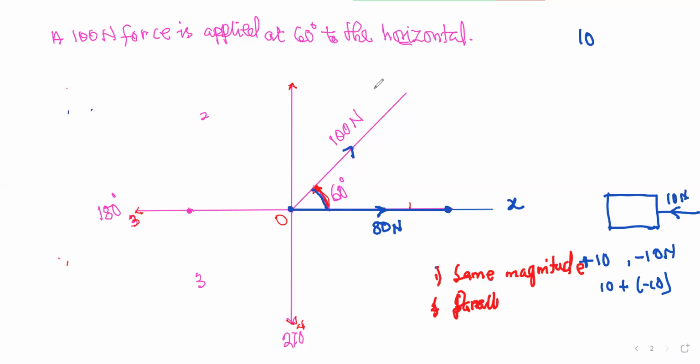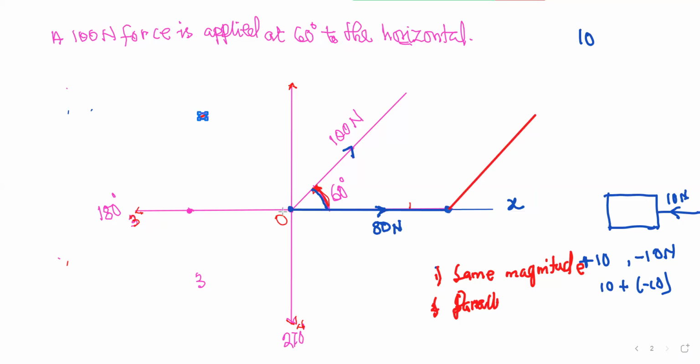So I'm going to create a twin brother or a clone of the 100 Newton force. And its twin brother must have the same characteristics as the original 100 Newton. So it must have the same magnitude as this. So I carefully draw the magnitude.